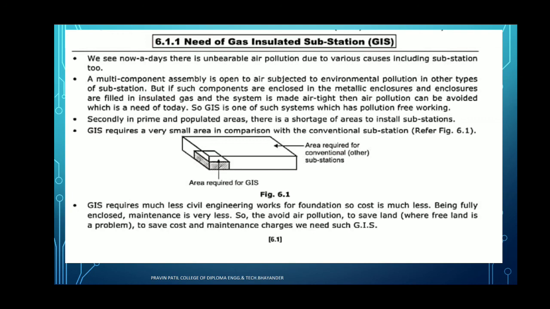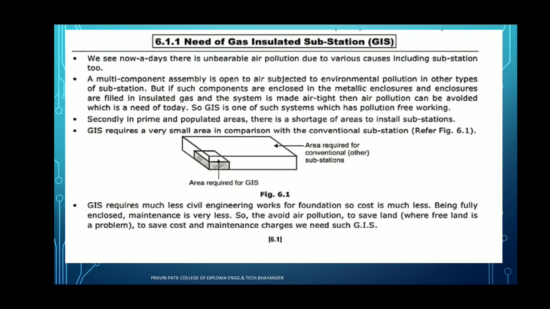So these are a lot of advantages of the gas insulated substation, which is used in recent times. In Japan, most of the electrical supply uses gas insulated substations, and they can easily transfer electric power from one place to another with their help.